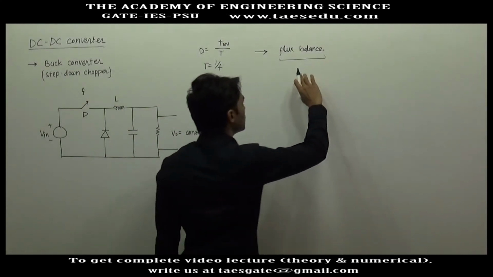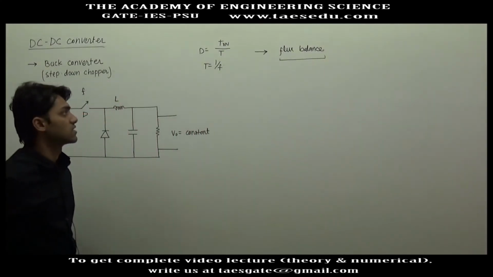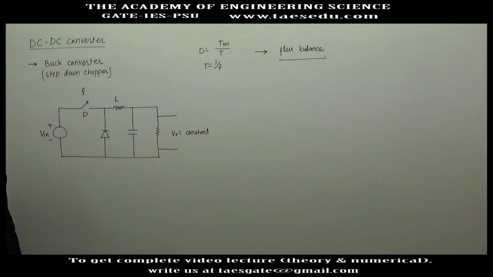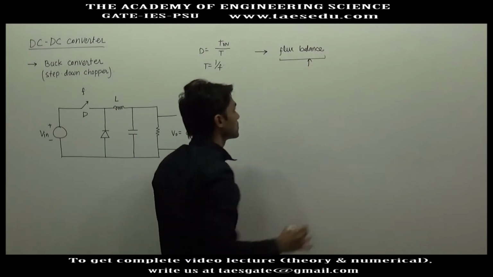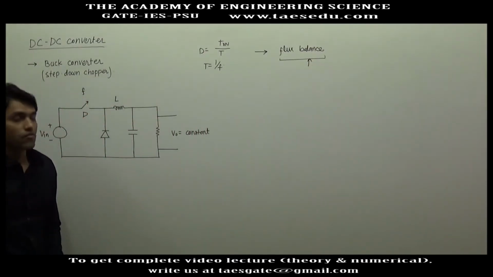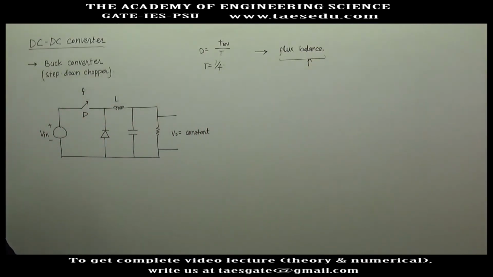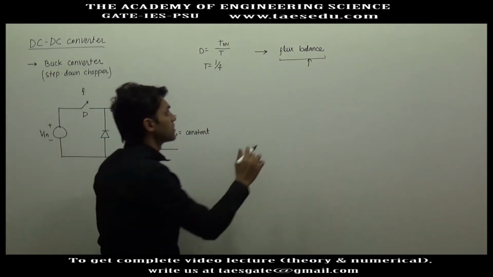Although we have already discussed flux balance in studying AC to DC converters, I will repeat it here also, because if you have not seen the lecture on AC to DC converters, and I apply it directly to DC converters, you will feel difficulty in understanding it. So let me first repeat what flux balance is.